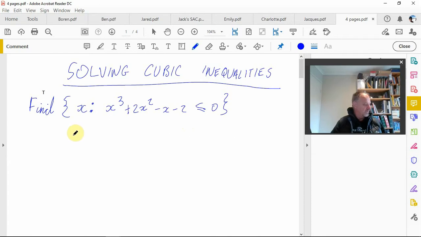So what have we got to do? How we can do that is we can use our cubic graphs. So if I say, let's make y equal x cubed plus 2x squared minus x minus 2, and let's graph that, and our graph will be able to help us.